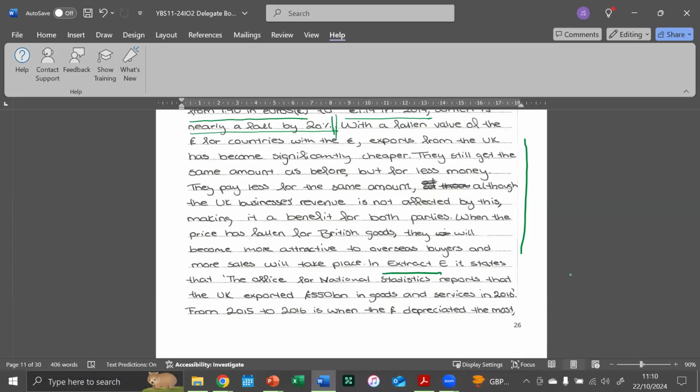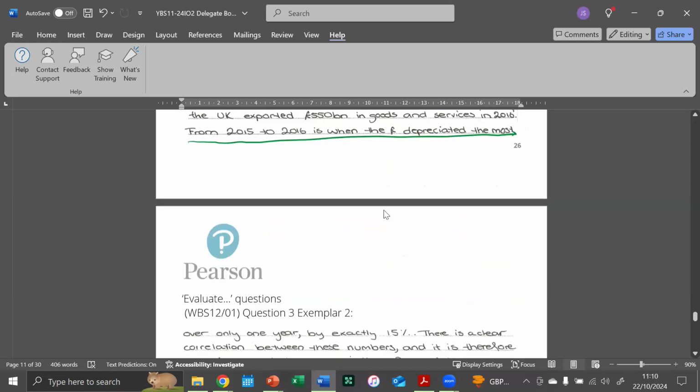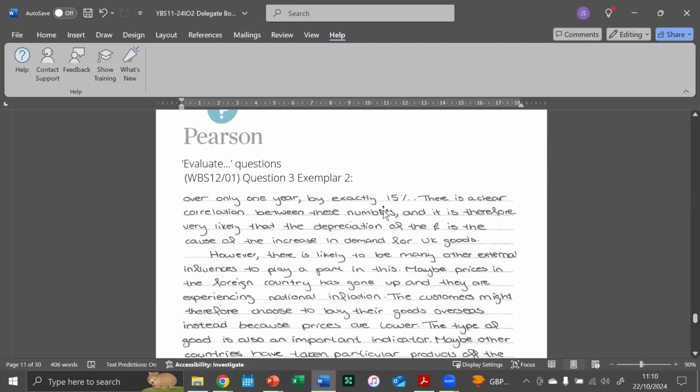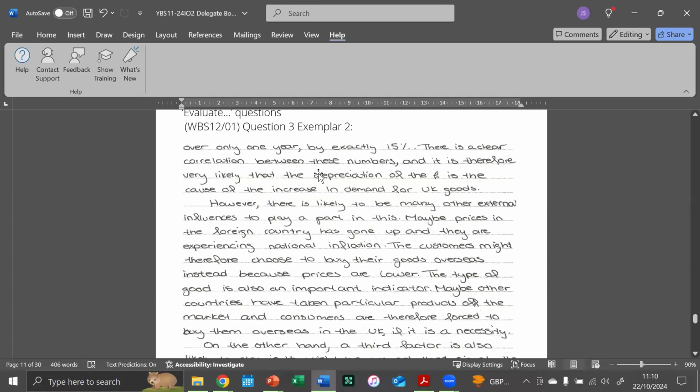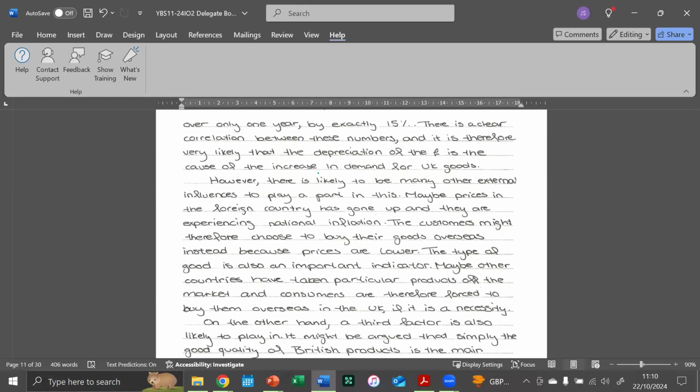And then there's this nice little bit here where they're talking about, well, look, it clearly is the most significant thing because of this thing in the extract that says when the pound depreciated by the most, that is where you had the strongest effect on the demand, this correlation. And then we started to bring in some evaluation here about there are many other external factors. We've got some other countries might be experiencing national inflation. So there's some nice stuff in here.